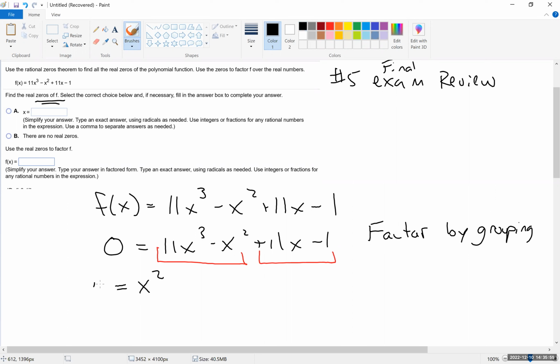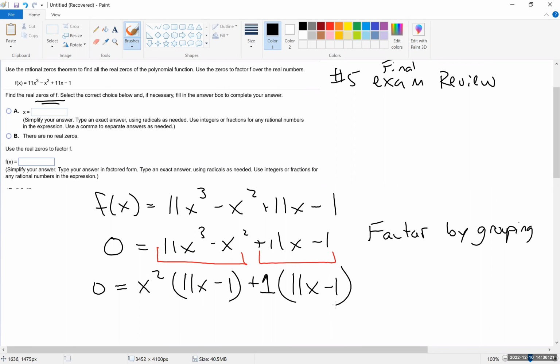So we still have 0 equals, and then we've got x squared, and what's left over is 11x minus 1, because x squared divided by x squared is 1. Now, the second 2 terms have a 1 in common, which means they have nothing in common. If they have nothing in common, you can always take out a 1. So that's going to become 11x minus 1.